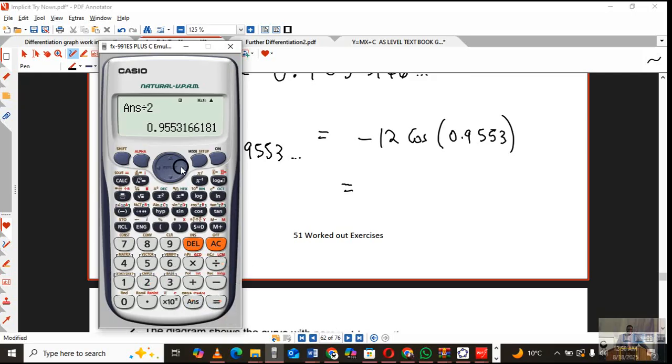Okay, I just want that value to be in my calculator. Right, so I've got negative 12 times the cosine of my answer over there. Well, that gives me negative 6.928. Right, so let's just capture it.